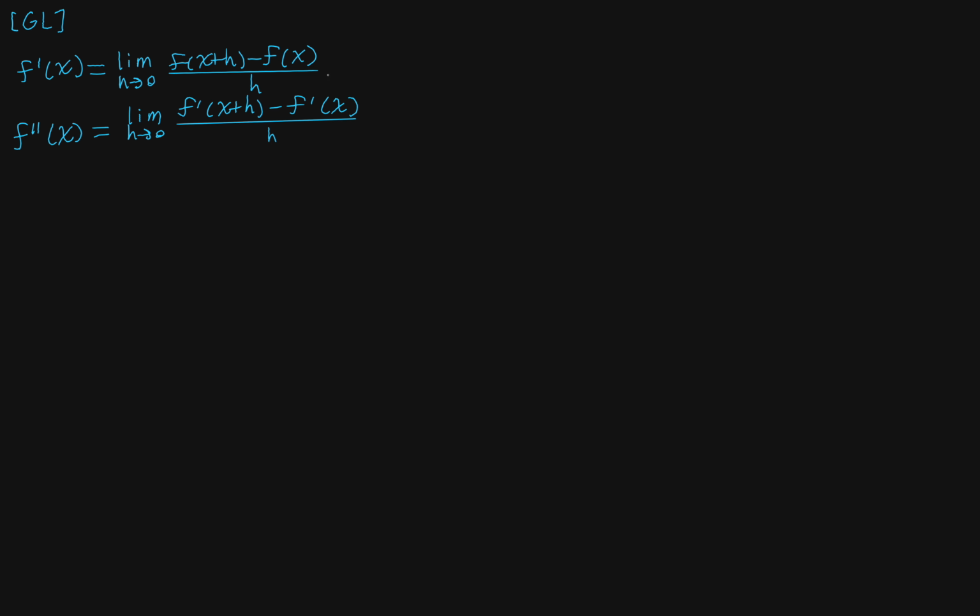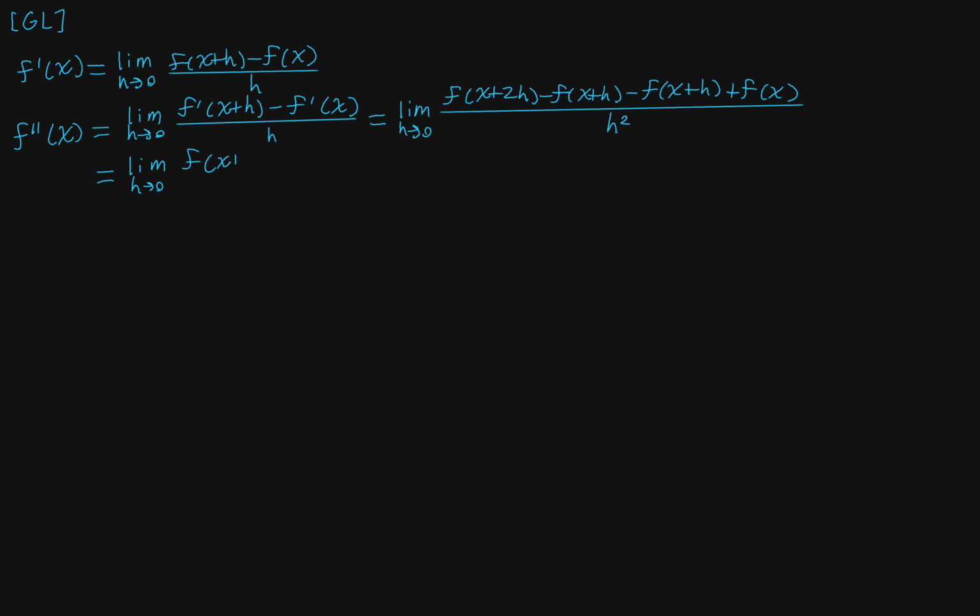Note that this can be justified by the mean value theorem to use the same h over here, and we're going to do this further as we keep iterating this idea. But we're going to simplify. So now you see here we have f of x plus 2h minus 2f of x plus h plus f of x over h squared.